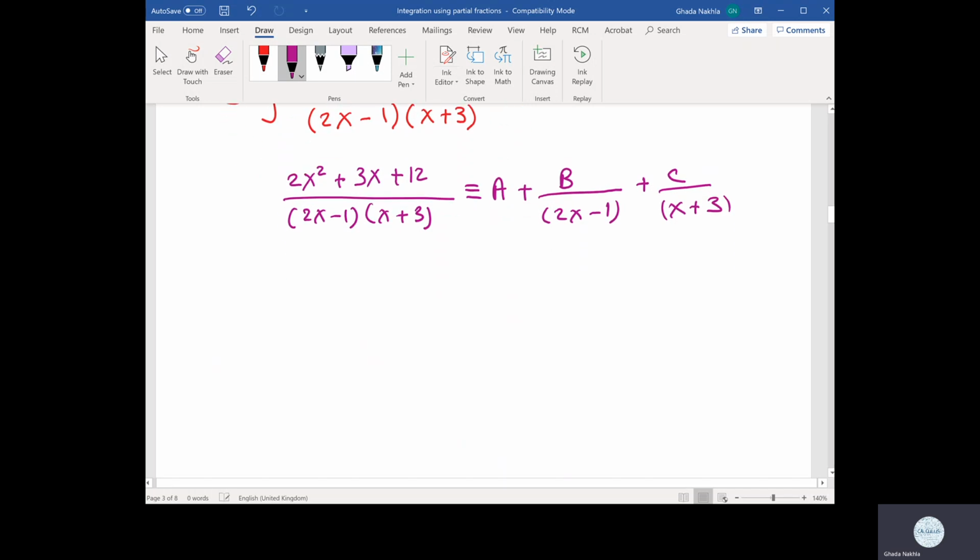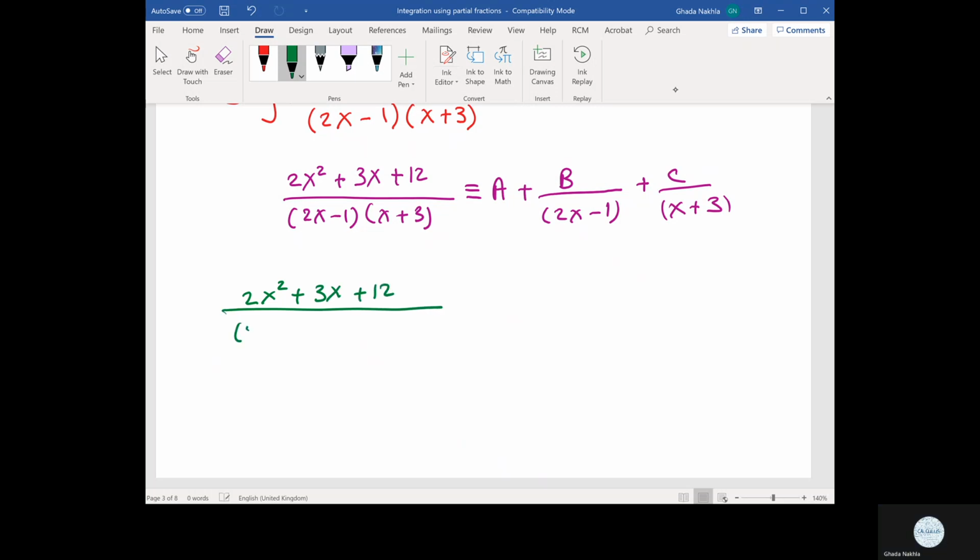Right, okay, so I need to find a common denominator, and my common denominator is (2x minus 1)(x plus 3). So let's sort this out. 2x squared plus 3x plus 12 over (2x minus 1)(x plus 3) is equal to a. Now for a, I am going to multiply by both brackets.